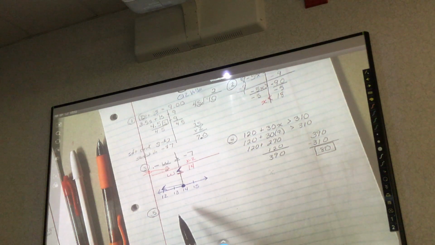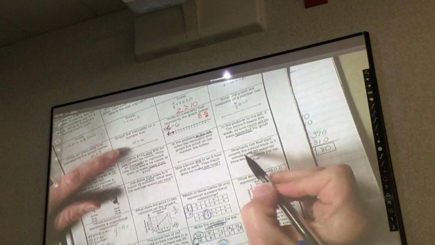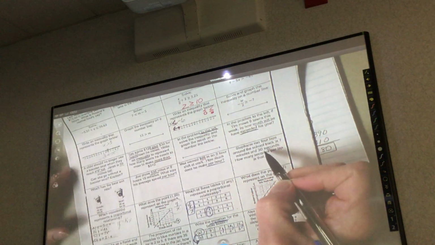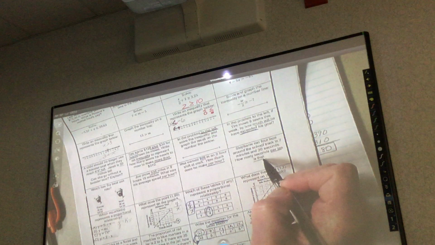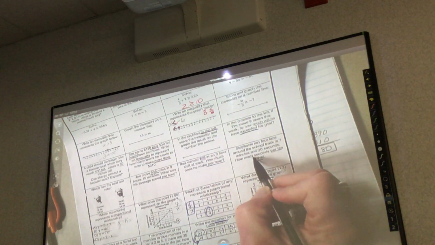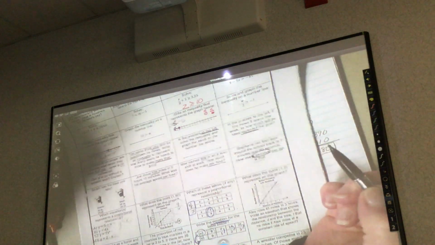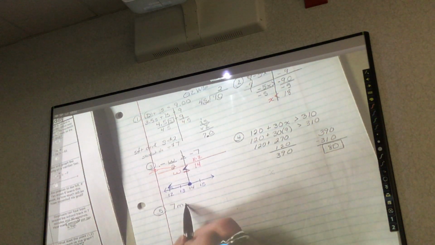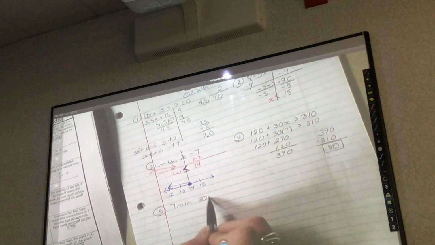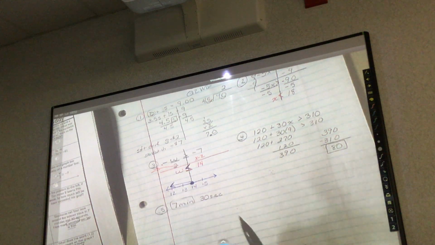5. Stephanie ran 4 laps around the school track in 7 minutes and 30 seconds. How many seconds per lap is that? So I'm changing everything to seconds. If I have 7 minutes, 30 seconds, I have to change the 7 minutes to seconds.